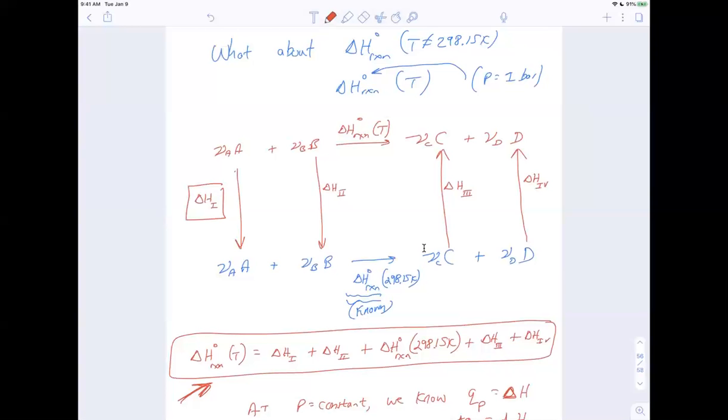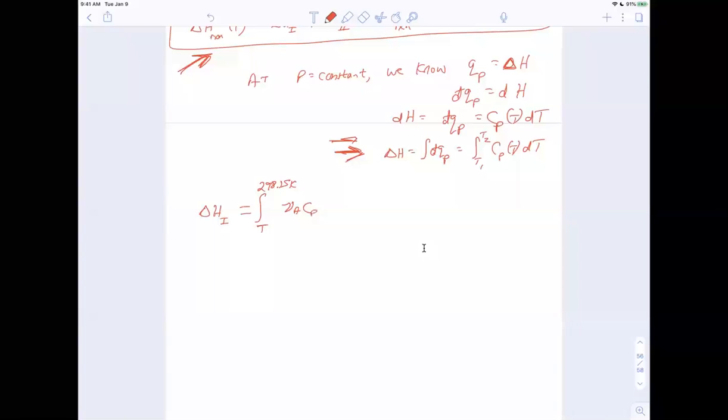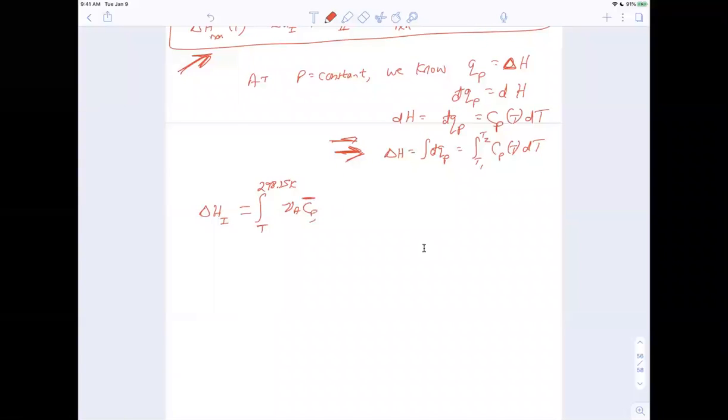So delta H1, using this expression, is going to be the integral from T1 equal to T, whatever that is, to 298.15 Kelvin. So that's our final temperature, of nu sub A times the Cp molar of A. And the way we'll write Cp molar of A is with a little bar at the top, of T, times dt.